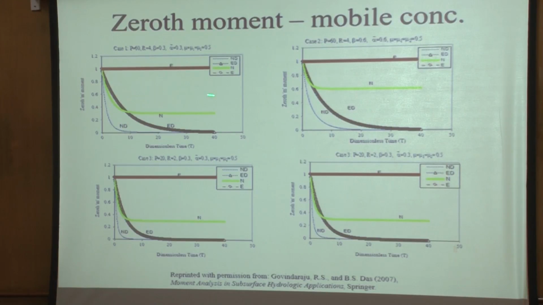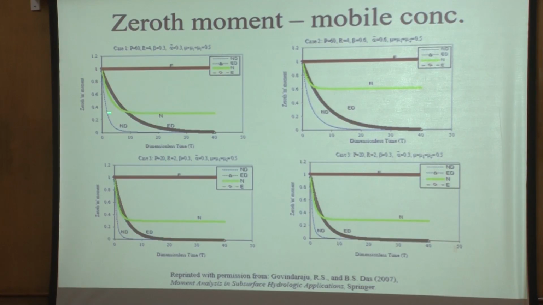In any of these cases, if it is equilibrium, you start with a mass of 1 and with dimensionless time that should not change. No mass is lost. However, if you have degradation, eventually you lose all the mass to degradation. If it's non-equilibrium, it will start with all of it being in, let's say, the C1 phase, but after a certain time it will equilibrate and become a constant.